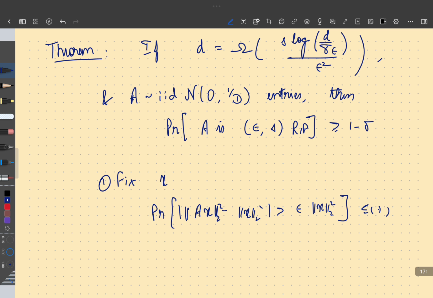So you get an upper bound using a standard concentration inequality.